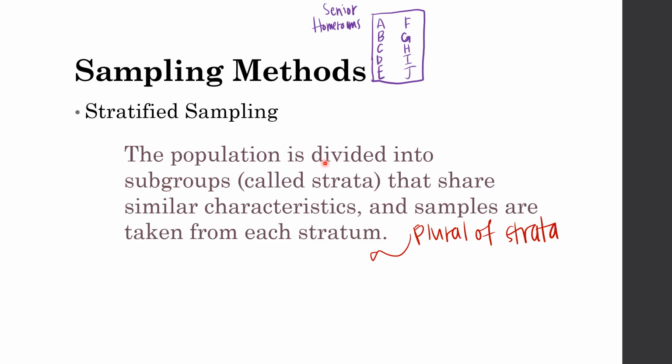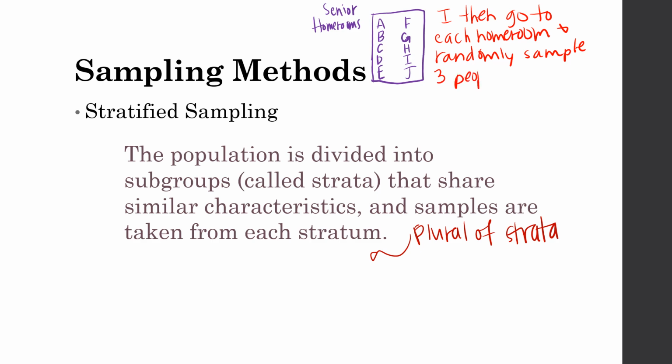Once I've divided my population into subgroups, which I've already done, I'm now going to take a sample from each stratum. So maybe I then go to each homeroom and randomly sample, let's just say 3 people from each homeroom.